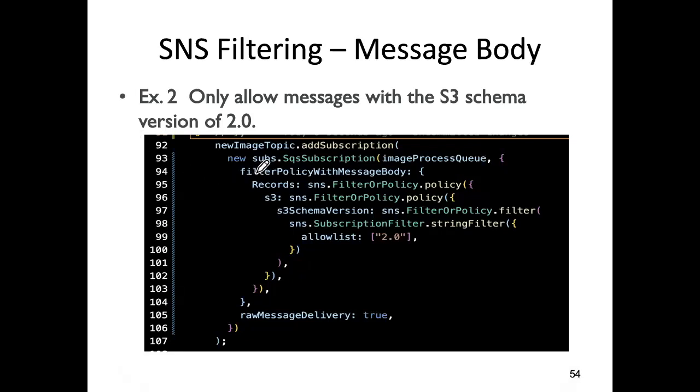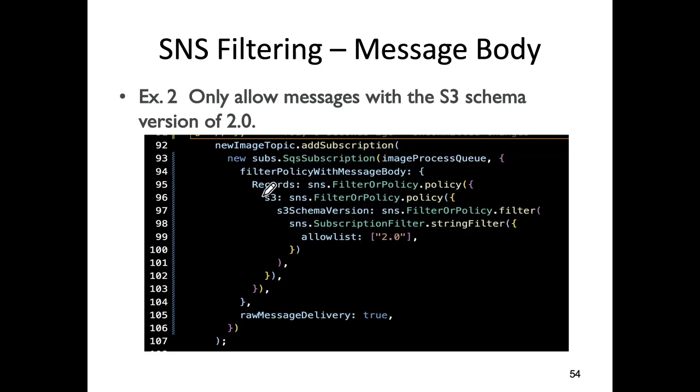Again, we're declaring an SQS subscription. This is a reference to some SQS queue that we have. And then we're configuring the subscription. Here's one of the configuration options, filter policy with message body. It's the same kind of syntax again.